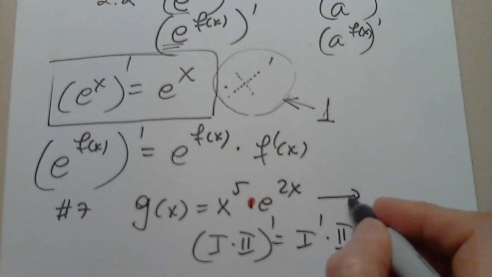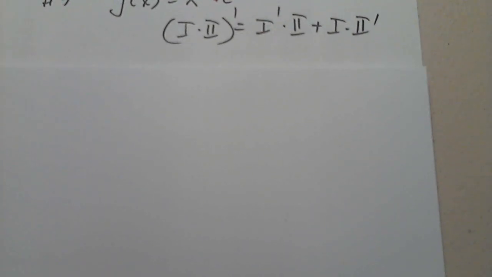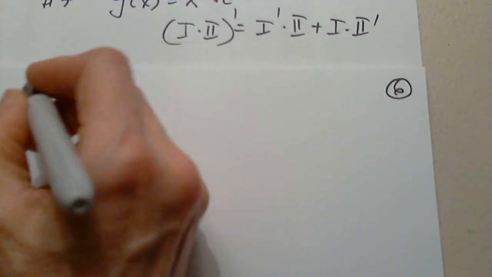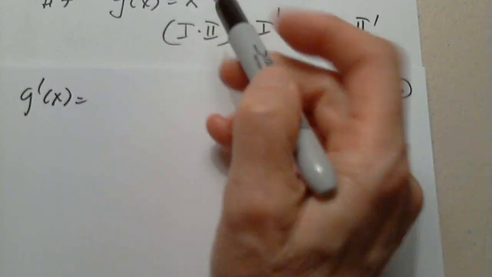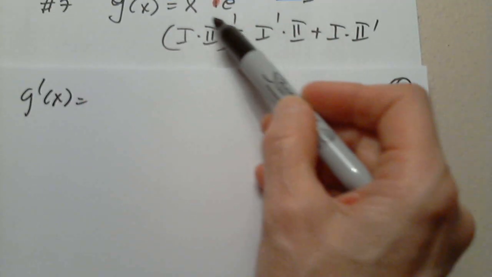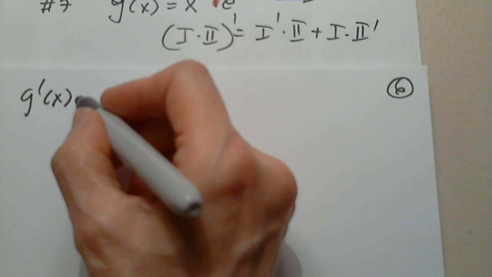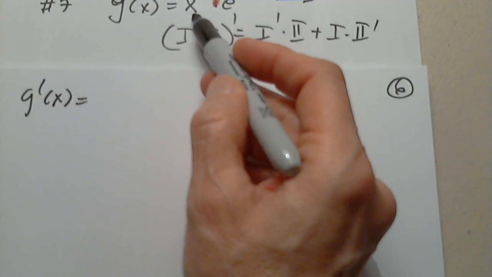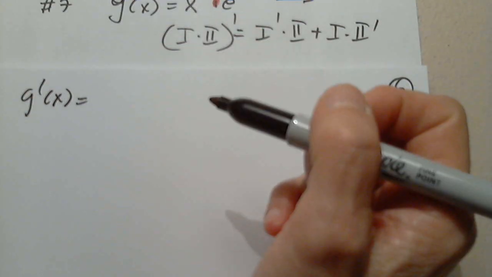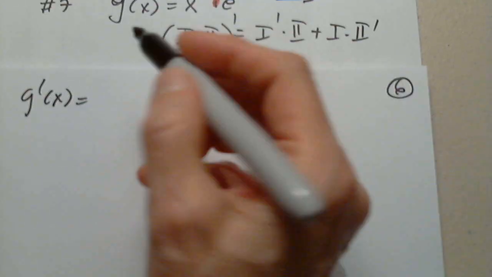So therefore, g prime, can anyone help with g prime? Anybody, please. So g prime of x will be... anyone, please? 5x to the 4th.